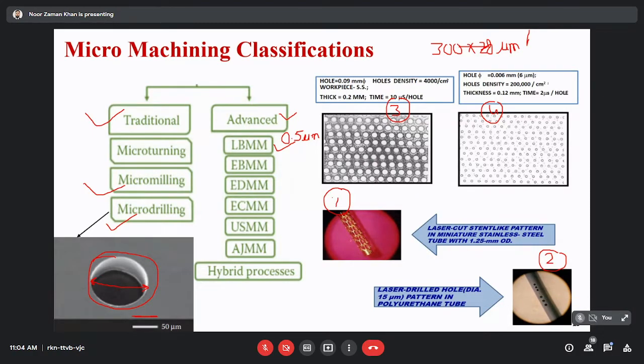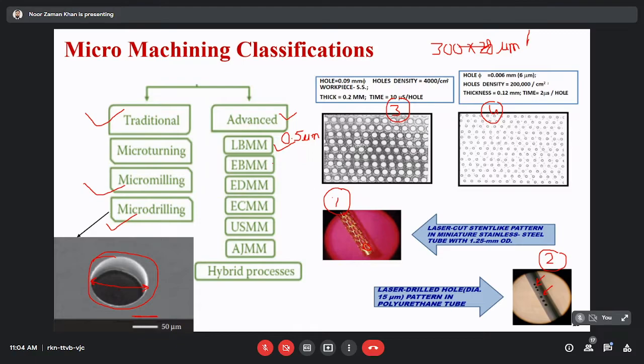If you see this tube, which has an outer diameter of around 1.25 millimeter, these features are of micron size. It has been produced by the laser beam micromachining process. Another application is a laser drilled hole with a diameter of around 15 micrometer, and the pattern in a polyurethane tube. These are micron size hole features produced by using the laser beam micromachining process.